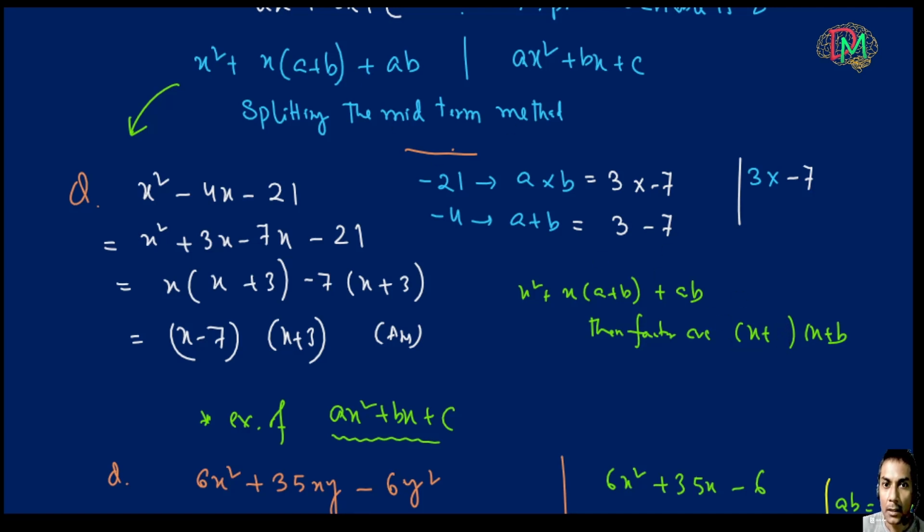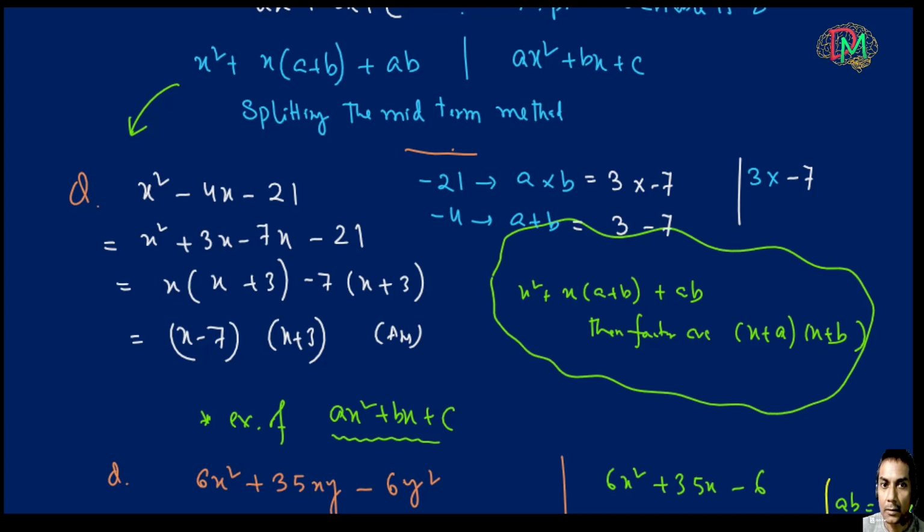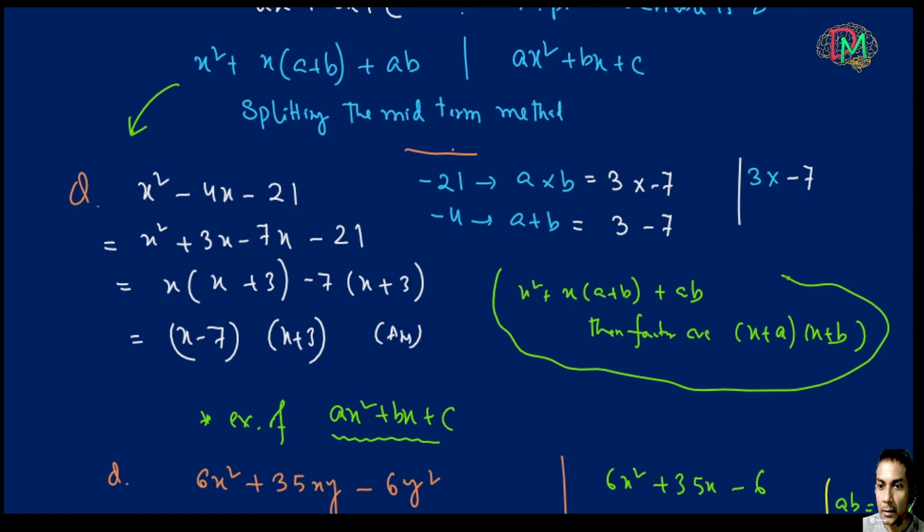Means if we find that, look at this, here we get a as 3 and b as minus 7.